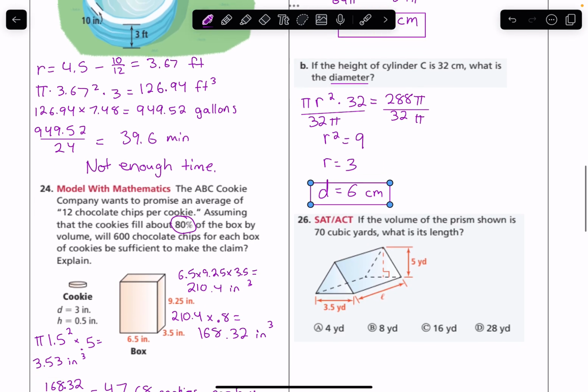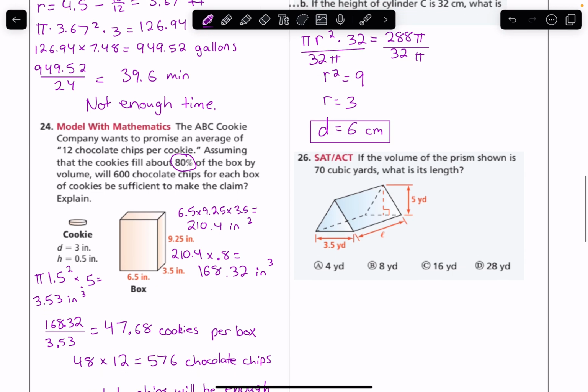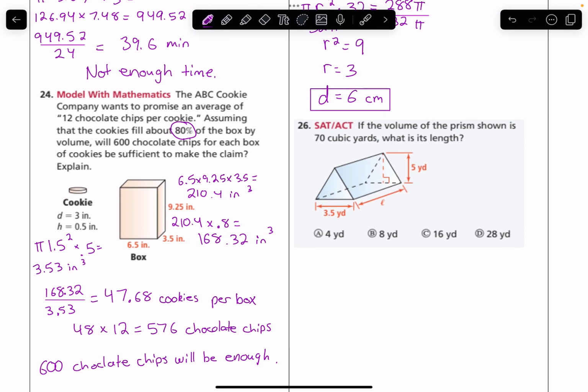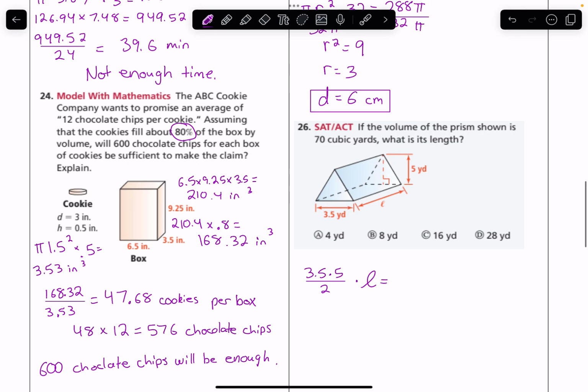And finally, if the volume of the prism shown is 70 cubic yards, what is its length? Well, let's work backwards. We'll take the area of a base, 3.5 times 5, base times height over 2, multiplied by the length of the prism, and it's equal to 70 yards cubed. So then we can figure this out. I'm going to do 3.5 times 5 over 2.